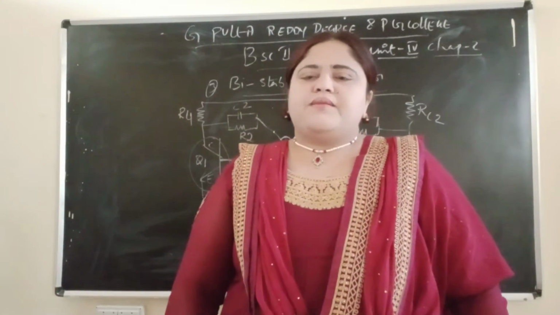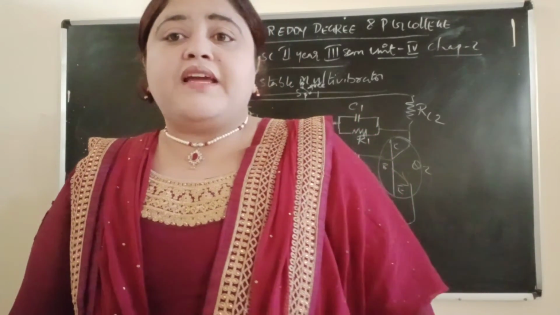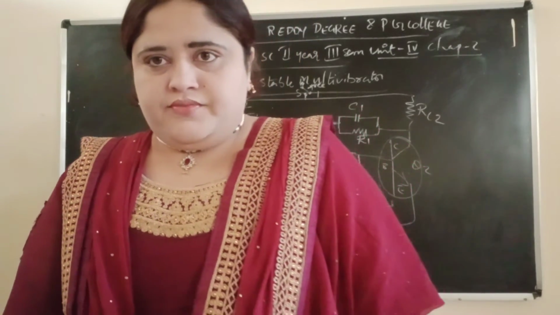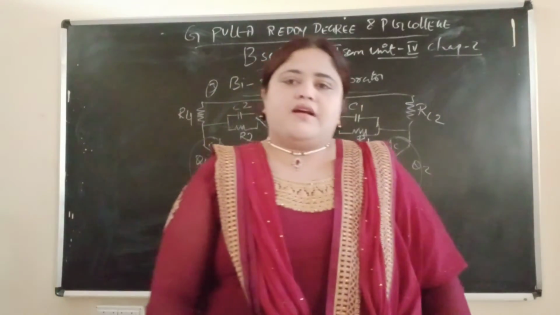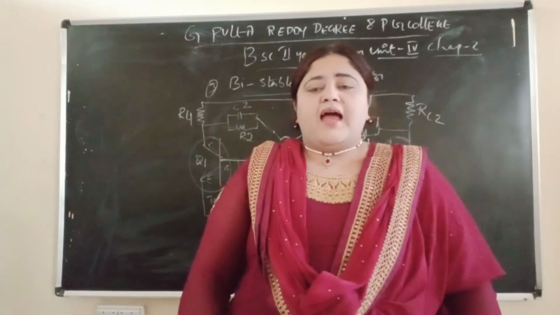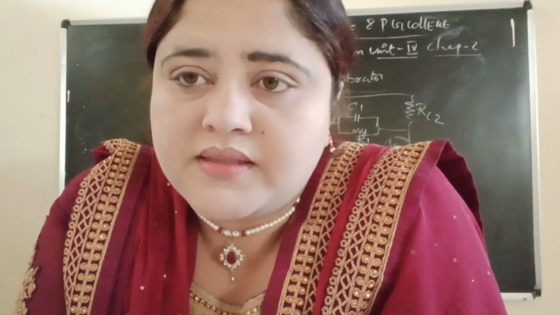First, in astable, what we have learned: when VCC is on, this is before the trigger pulse. In bistable, same operation. When VCC is on, collector current will start rising. Both the transistors will start conducting. As the characteristics of both transistors cannot be the same, let us consider that transistor Q1 is conducting more heavily than Q2.